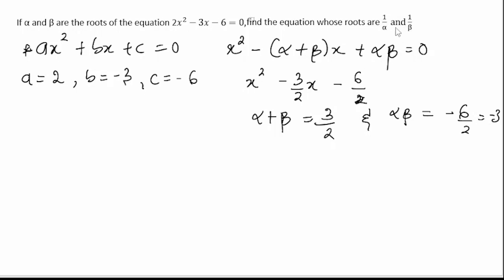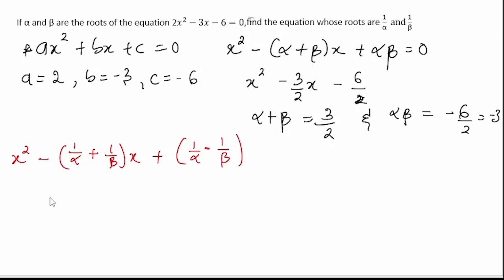Now, this is the sum of roots, this is the product of roots, which means the equation we are looking for, we can write it as x squared minus the sum of roots. Our roots are 1 over alpha and 1 over beta. So, 1 over alpha plus 1 over beta, x, plus the product of roots, which is 1 over alpha times 1 over beta.